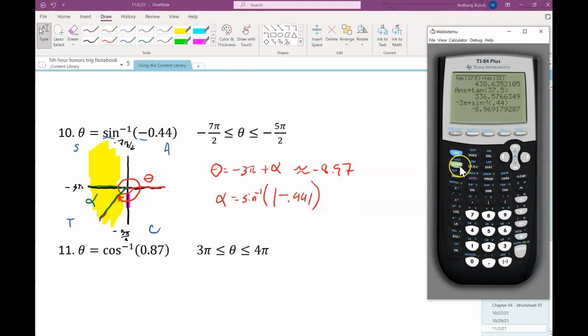So to check that right quick, sine of that answer ought to give me negative 0.44, which it does. And that value better be between negative 7 pi over 2, which it is bigger than, but still less than negative 5 pi over 2, which it is smaller than, so I am quite certain that I have the correct answer.